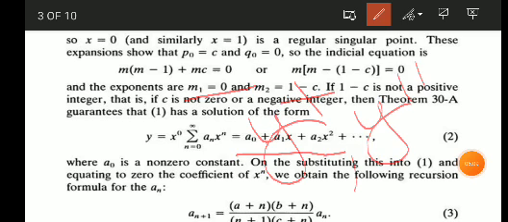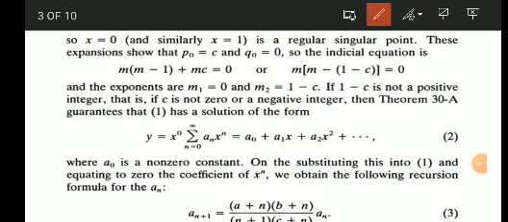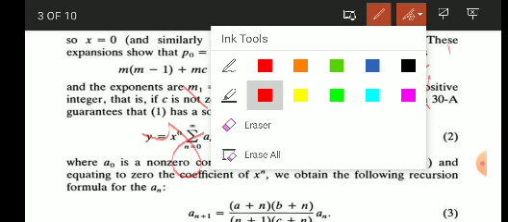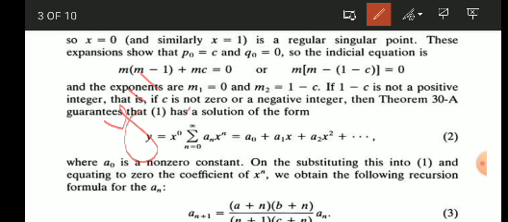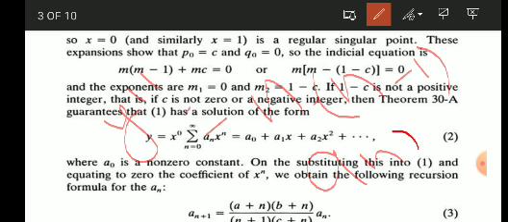Here y equal to summation a n x raised to n, then y dash equal to summation n a n x raised to n minus 1. Similarly, y double dash equal to summation n into n minus 1 a n x raised to n minus 2.